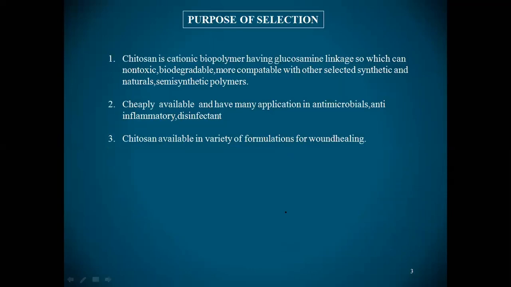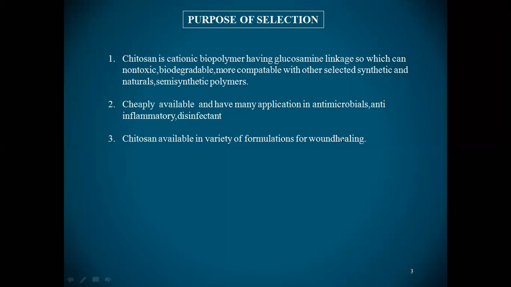First, the purpose of the selection: why I am selecting this particular article is that chitosan is the only polymer I have selected for my project. Chitosan has a wide variety of advantages. It is a cationic biopolymer composed of glucosamine linkage, with the 1,4 linkage connected. It is non-toxic, biodegradable, compatible with other synthetic, natural and semi-synthetic polymers, and cheaply available.